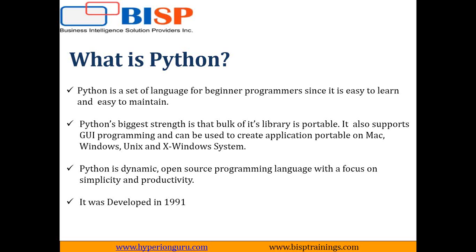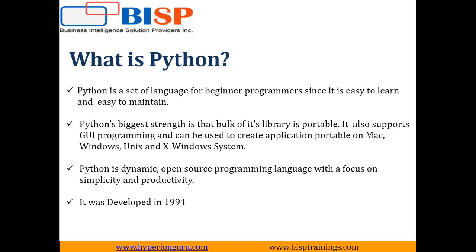Python supports modules and Python supports packages. What is the advantage of using modules and packages? Program reusability, code reusability. The Python interpreter and the extensive standard libraries are available in source or binary form without charge for all major platforms and can be freely distributed.